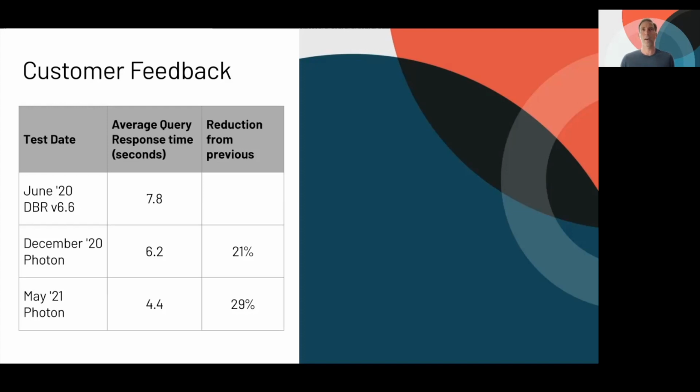They were extremely happy to see this progress, but in reality, they had slightly higher expectations, as did we at Databricks. So just this month, we gave them a new build to try out the latest, greatest Photon bits for their workload. They saw an additional 29% reduction with those bits in the average query response times. This meant from the original timing back in June of 20, there was a 44% reduction.